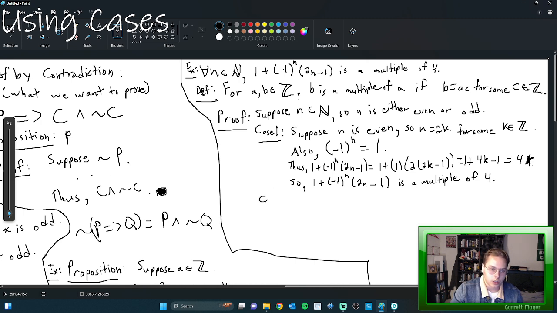So then for case 2, suppose n is odd, so this covers all other cases for n.